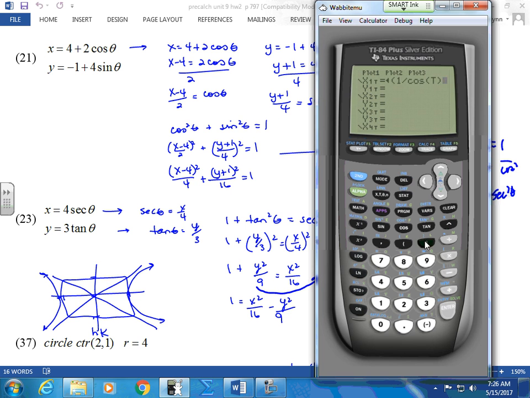Don't forget, when you put this in, instead of the X, you're getting a T. So don't forget that. And this should graph. I don't know what my graph looks like. This should work.